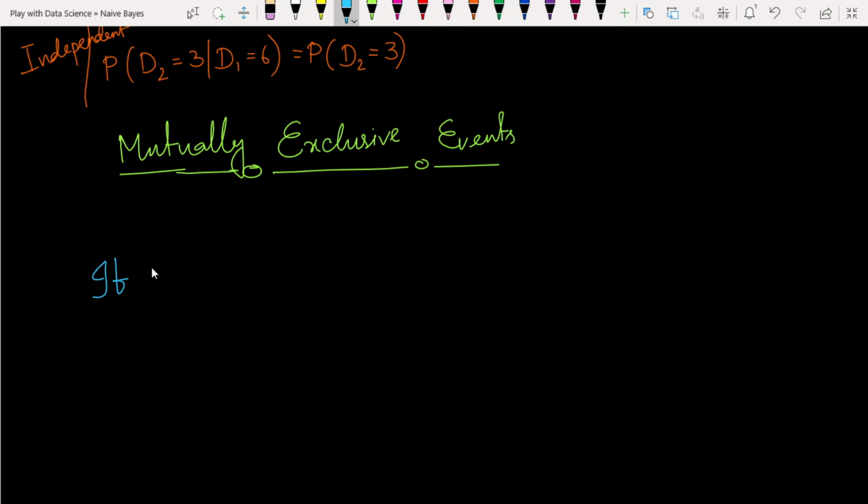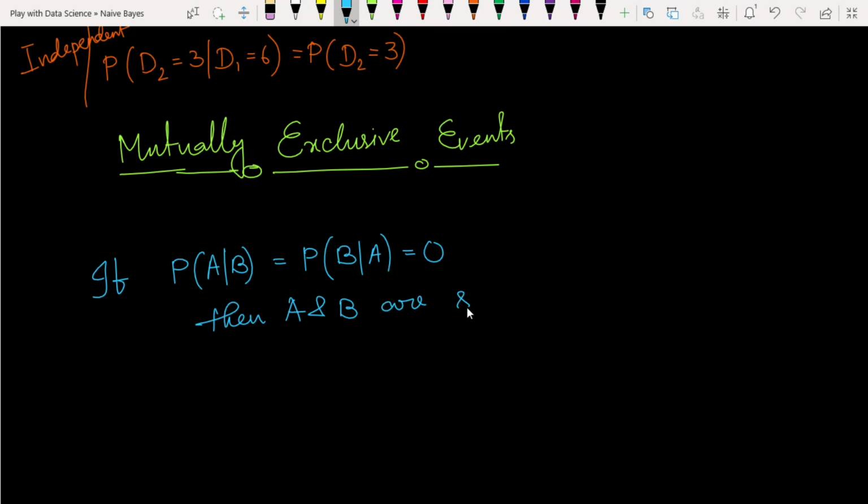Suppose we have two events A and B, and if the conditional probability of A given B, and likewise the probability of B given A, equals 0, then A and B are said to be mutually exclusive. This is the mathematical formula.